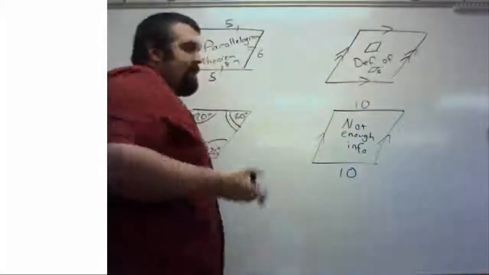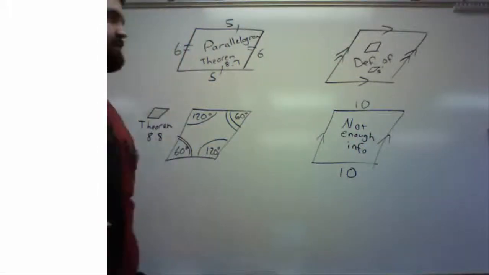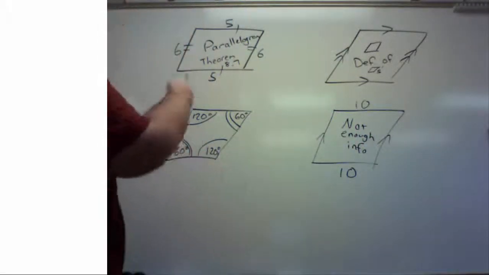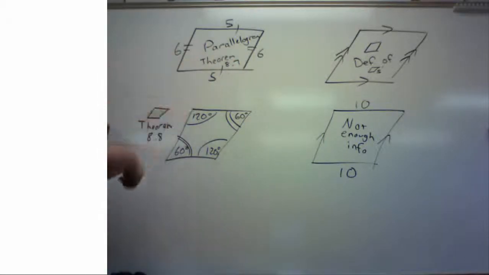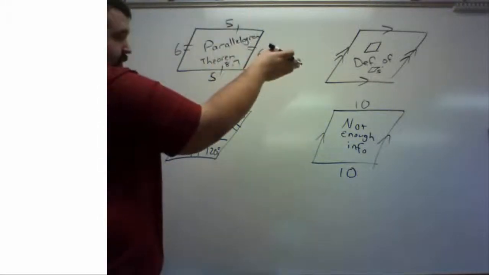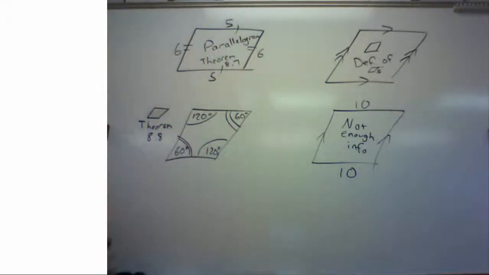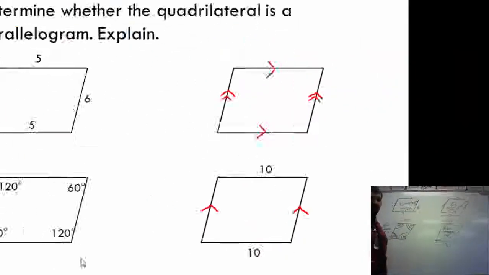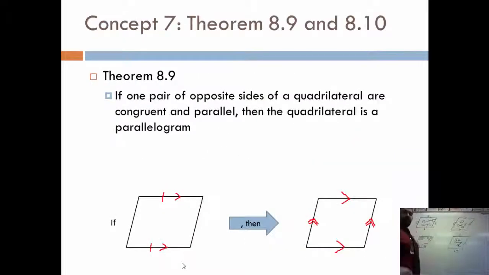If I was given a little bit more, I might be able to say yes or no, but not enough information. So, these 3 are the ones that we've done before. Theorem 8.7, opposite sides have to be congruent, causing it to be a parallelogram. Definition of parallelogram. And theorem 8.8, opposite angles have to be congruent to make it a parallelogram. Example 2 will come after the next 2 theorems.